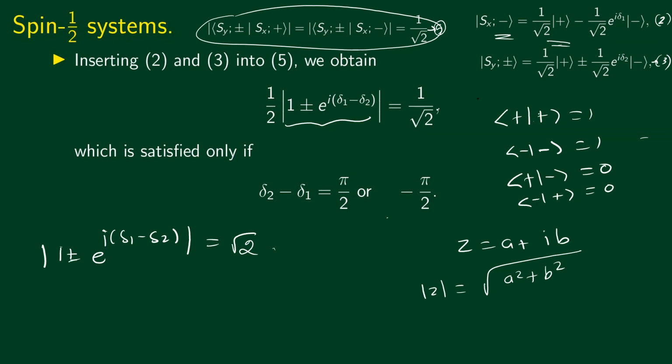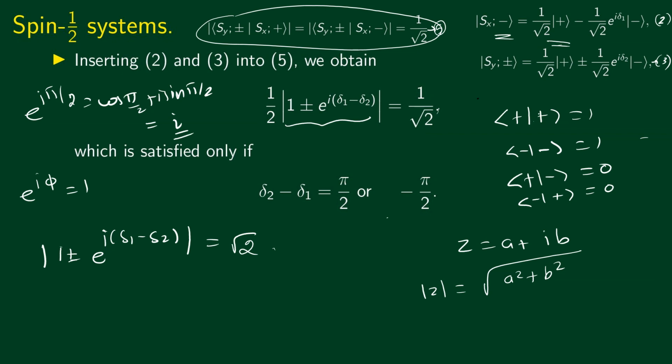So when do I get e raised to i phi equal to plus or minus i? This is only when the angle is pi by 2 or minus pi by 2. Whether it's pi by 2 or minus pi by 2, this will work. Why? Because e raised to i pi by 2 is equal to cos pi by 2 plus i sin pi by 2, and you get this is equal to i.